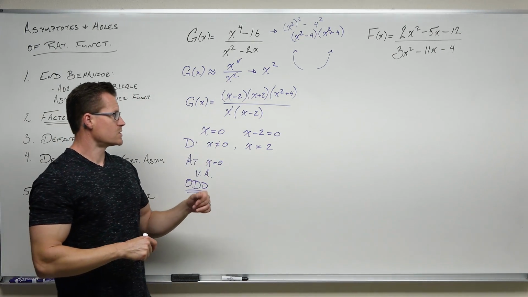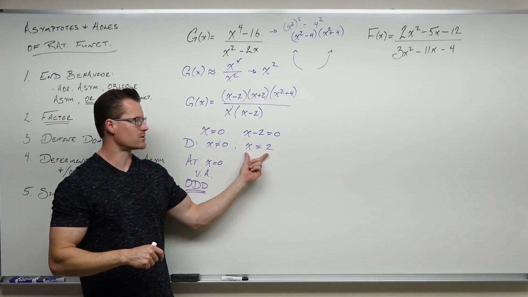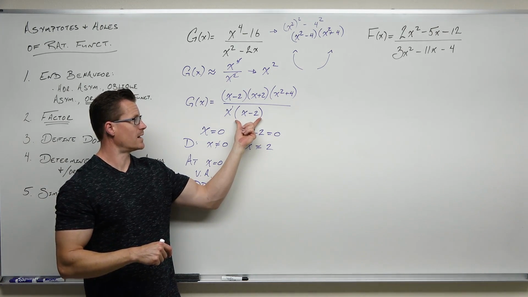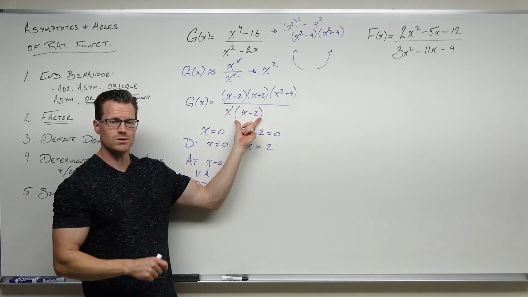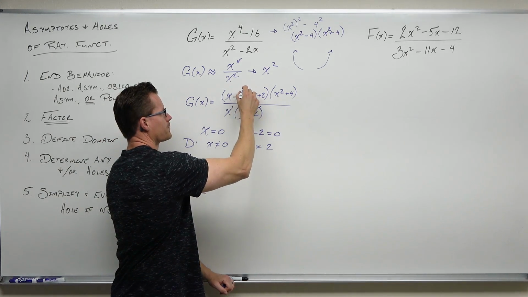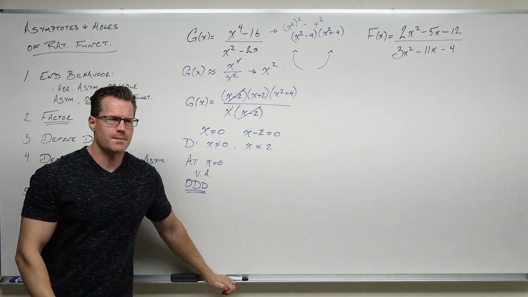Now, at x equals 2, let's look back at that factor. X equals 2 came from the factor x minus 2. So look back at that. Can you cancel out the x minus 2? Yes. But wait, what's that mean?